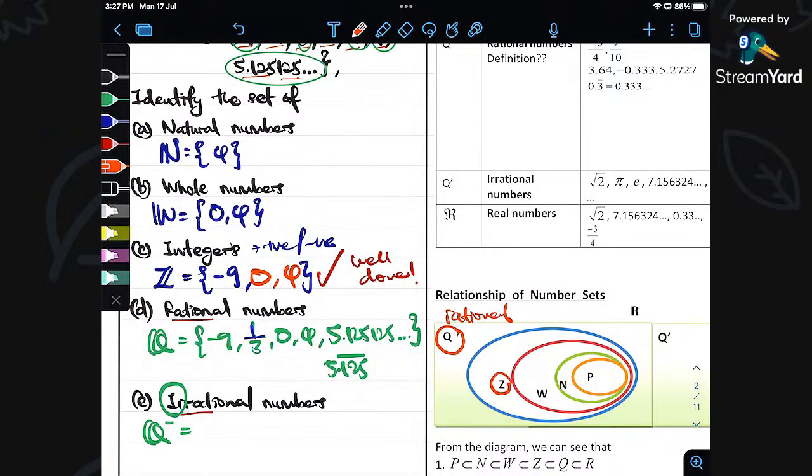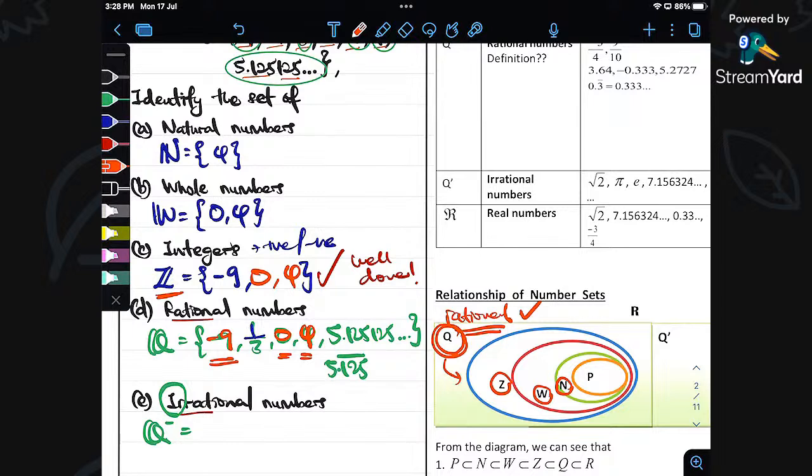Dalam integers mempunyai whole numbers. Dalam whole numbers mempunyai natural numbers, and so on. So basically you understand that di dalam rational ini of course mempunyai integers. Therefore, this negative integer is there. Therefore, 0 is there, 4 is there. So these three numbers that you already understand from the first part, integers, is inside of these rational numbers. Therefore, that's why I put -9, 0, and 4.